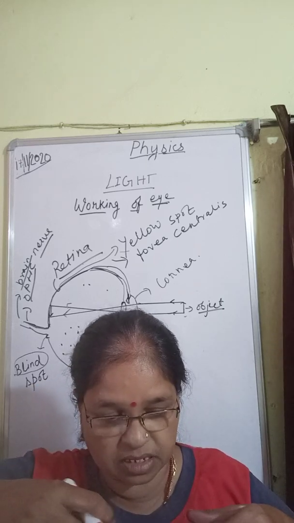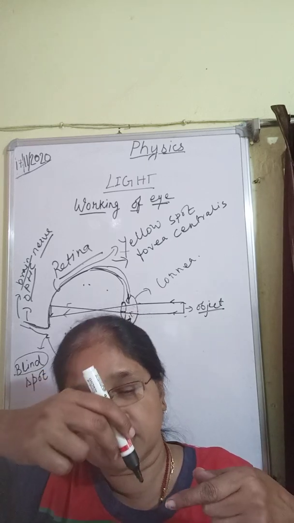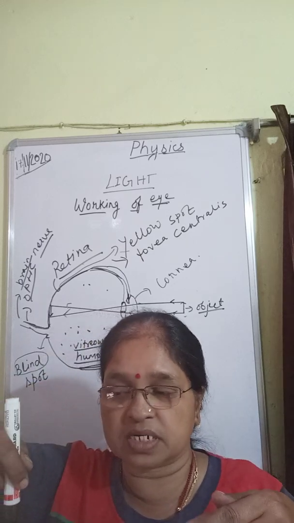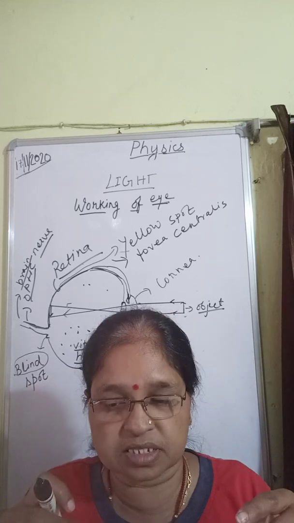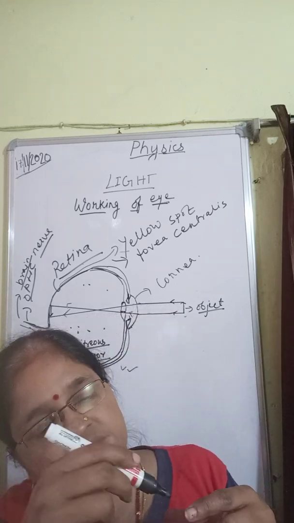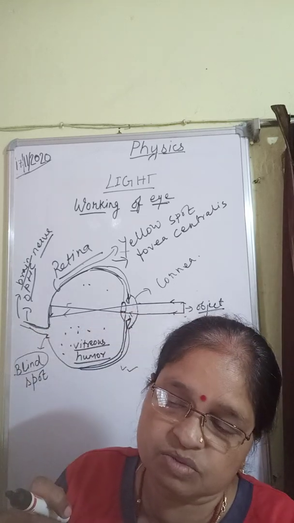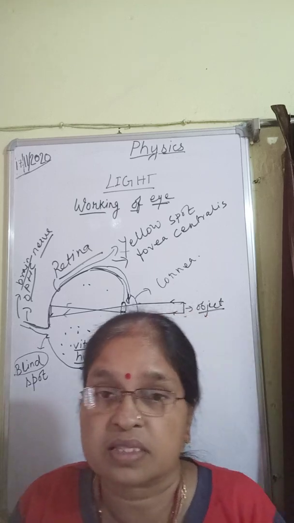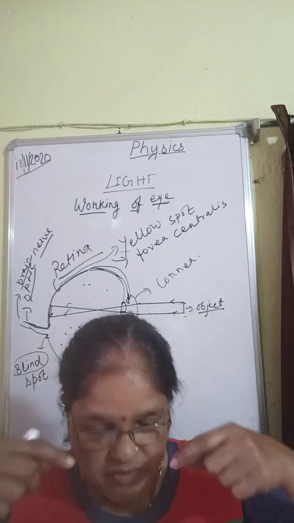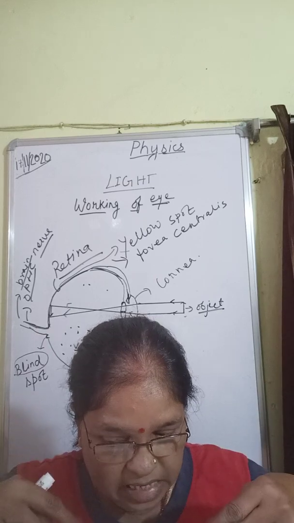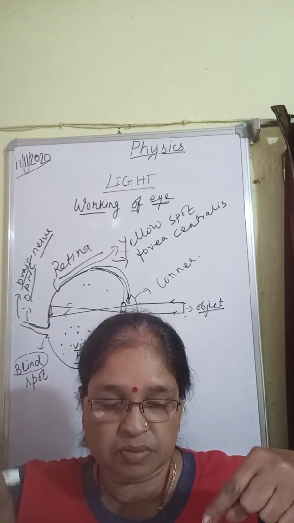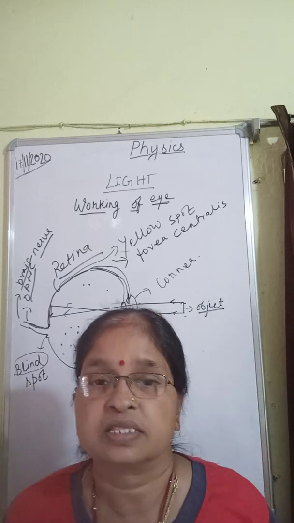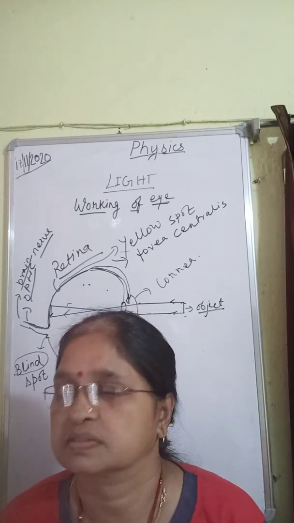Your eyes should be straight on the scale, and then only when you draw the 5 centimeter line will it be accurate. Generally we put the scale and draw it from the side, but that is not the correct way. Your eyes should always be perpendicular to the point from 0 to 5 centimeter, and when you draw this, it will be accurate.